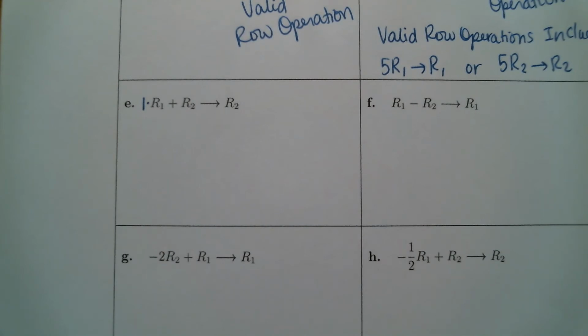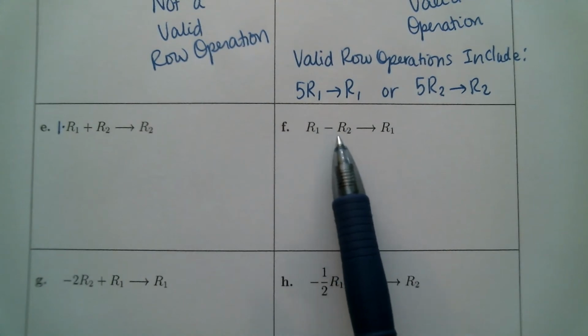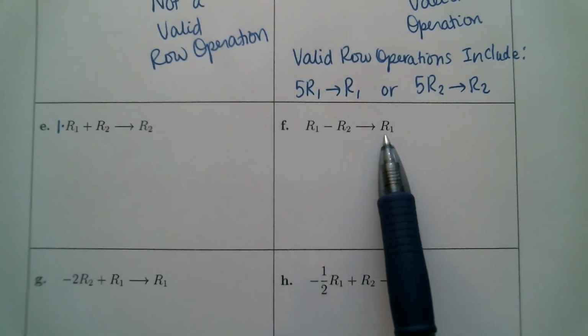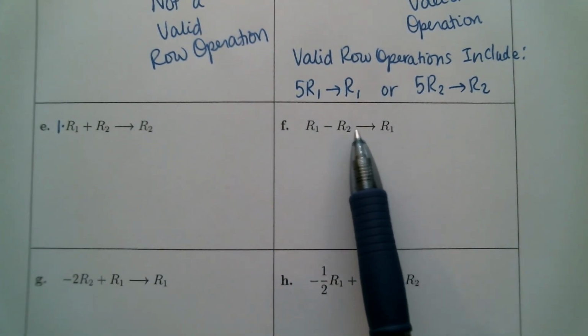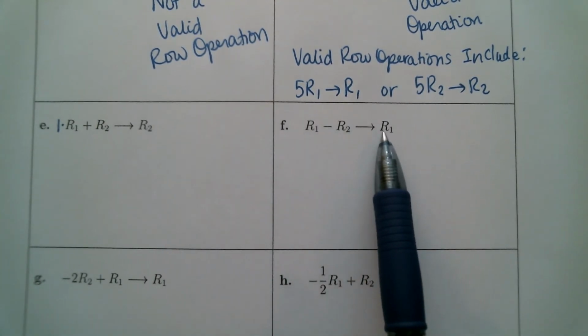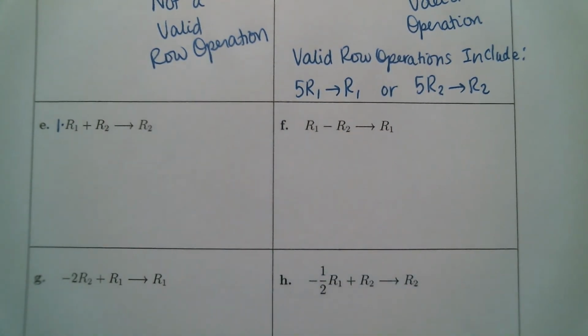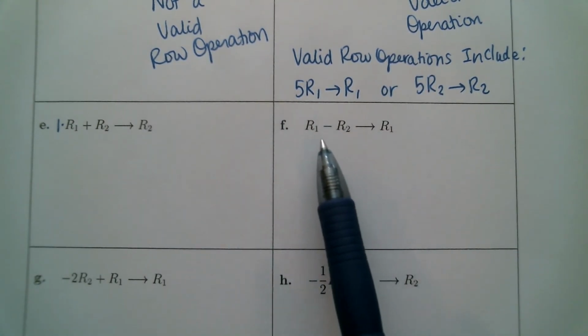So what this tells us in example E is that we are allowed to add 2 rows at any time. You are allowed to add any 2 rows. Similarly, over here, you're subtracting 2 rows. Is that allowed? Well, I'm replacing row 1 here. So again, according to operation number 3, I'm allowed to replace row 1 with itself plus or minus a multiple of another row.